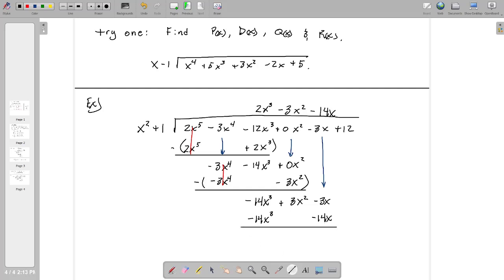And we will, of course, subtract. Negative 14x cubed minus a negative 14x cubed cancels out. Then we have our 3x squared minus nothing gives us a 3x squared. Negative 3x minus a negative 14x will give us a positive 11x.